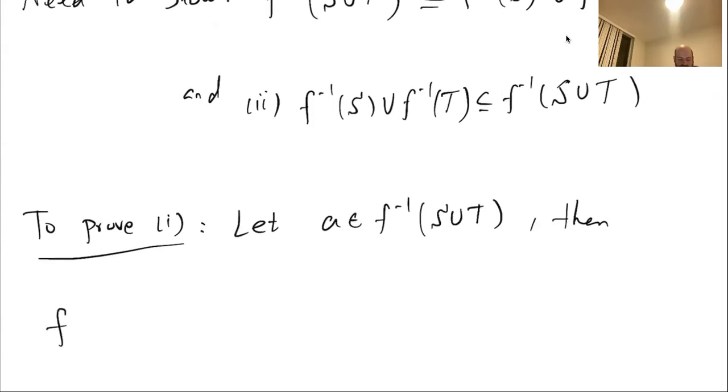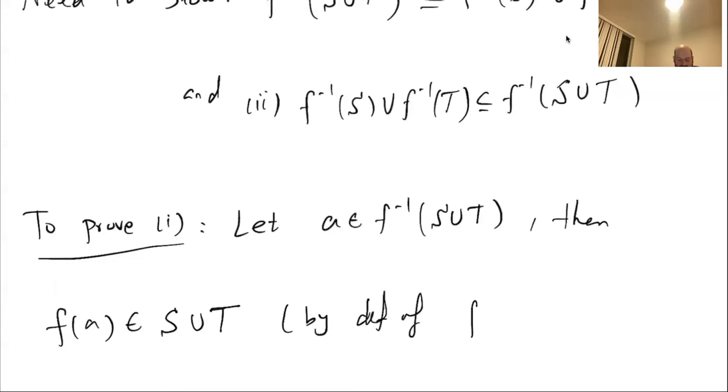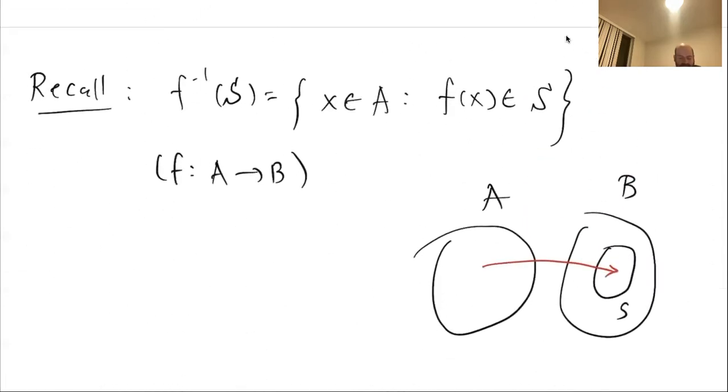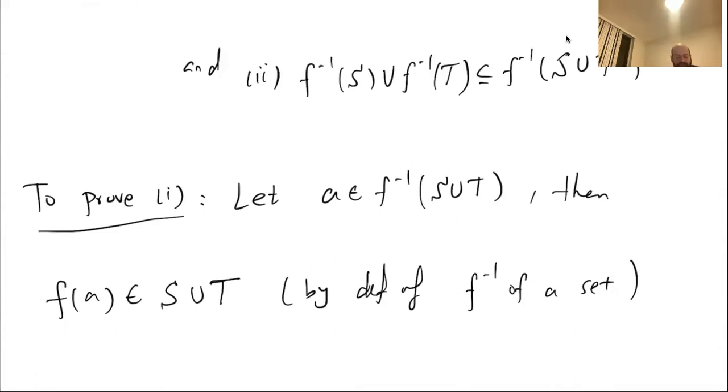Then we can say that f of a must be inside S union T by the definition of f inverse of a set. Remember we defined it here. f inverse of a set is the set of all elements inside the domain such that f of those elements is inside the set. So if a is inside f inverse of S union T, then f of a must be in S union T.